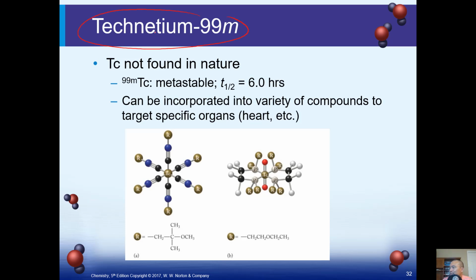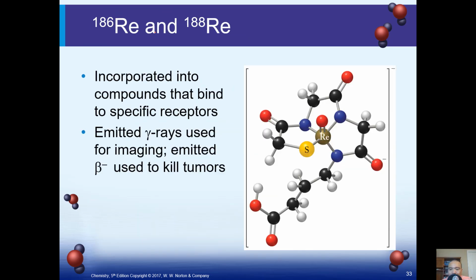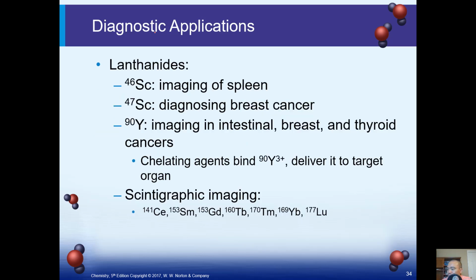And the element technetium 99 is kind of special because it has no stable isotopes. Technetium isotopes can be produced in nuclear reactors for use in medicine. Radiant compounds are being studied for use as both imaging agents and as therapeutic agents for many tumors, including breast, liver, and skin cancer.